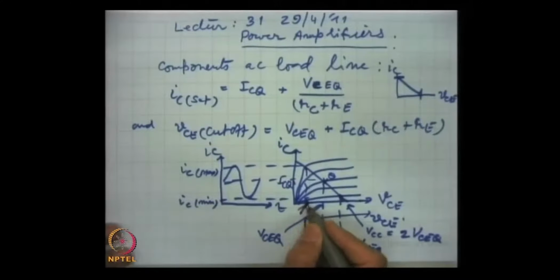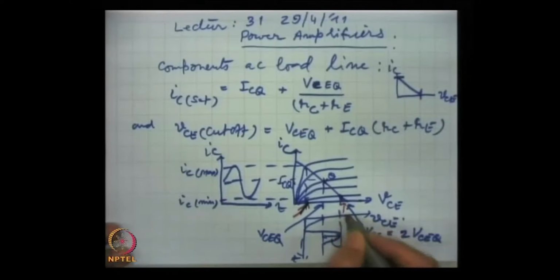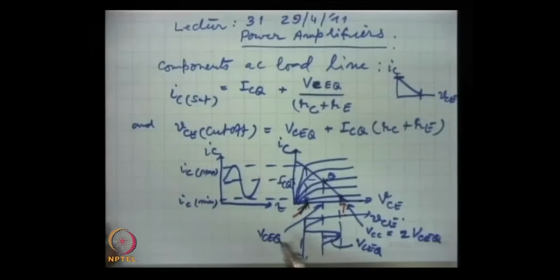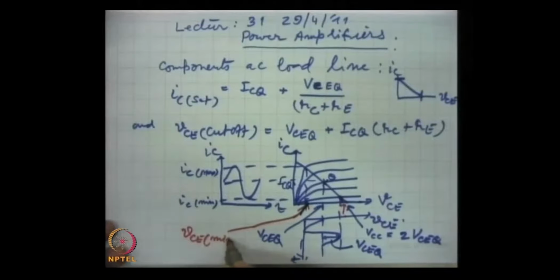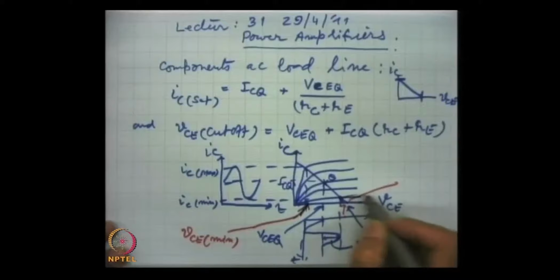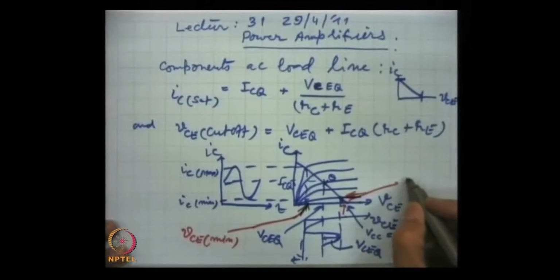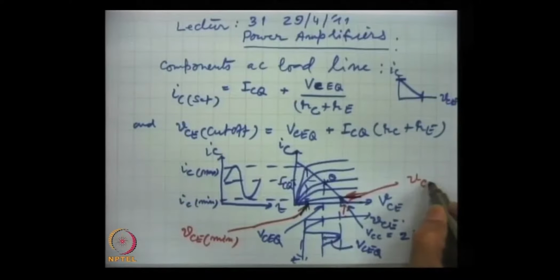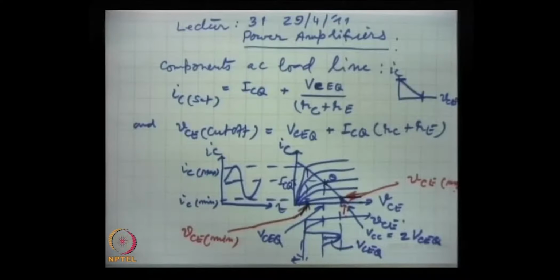I can write here VCE minimum, and this point is IC maximum. We are going to use this concept of the AC load line for the analysis.